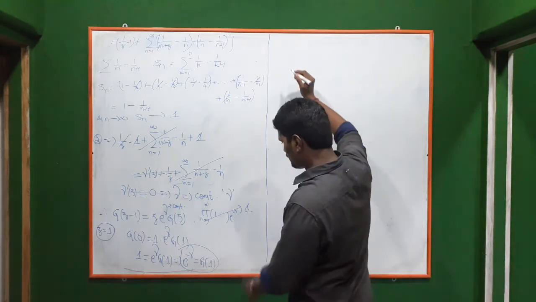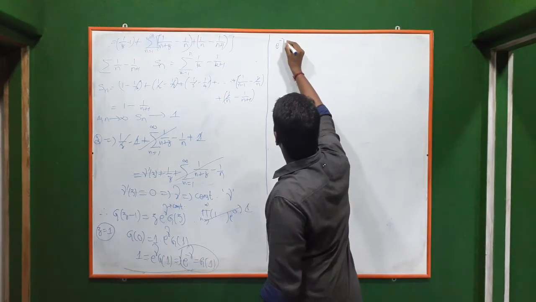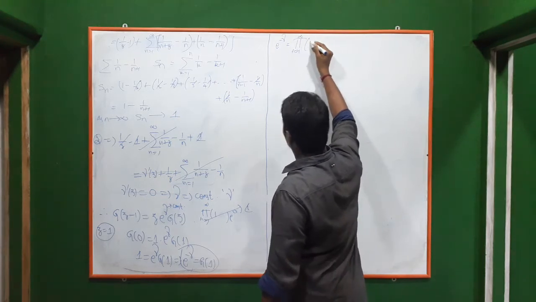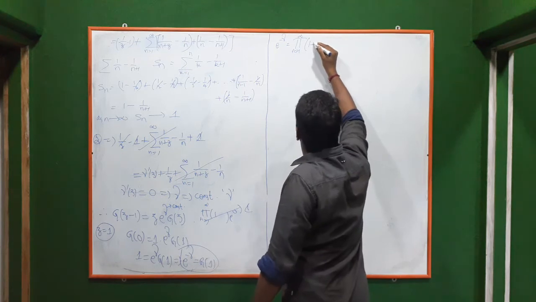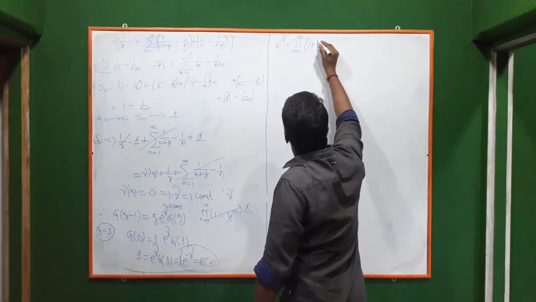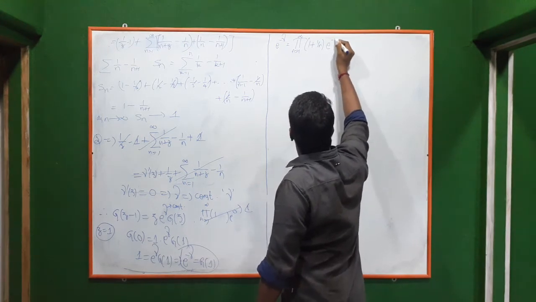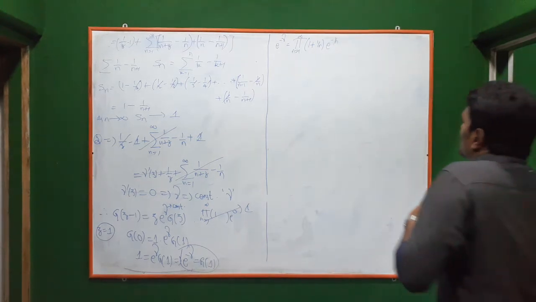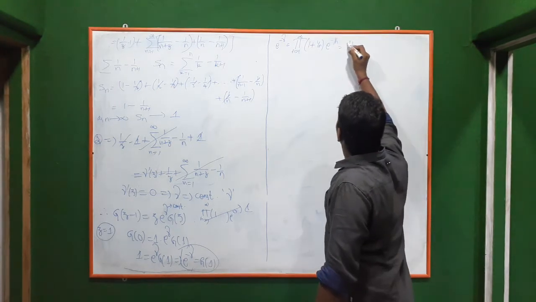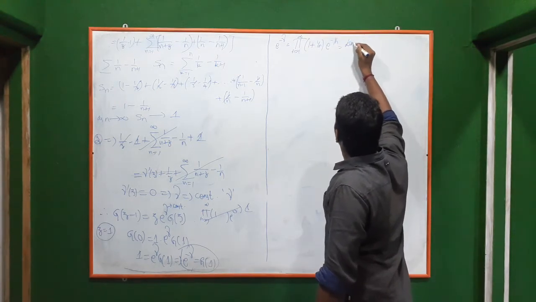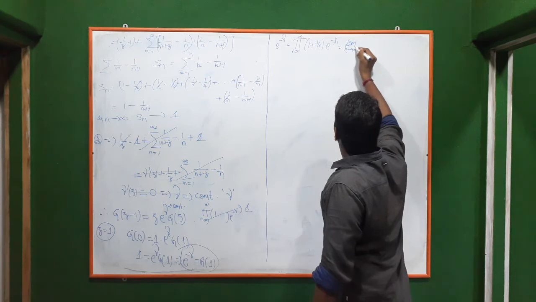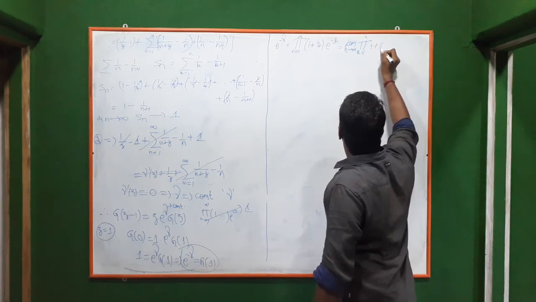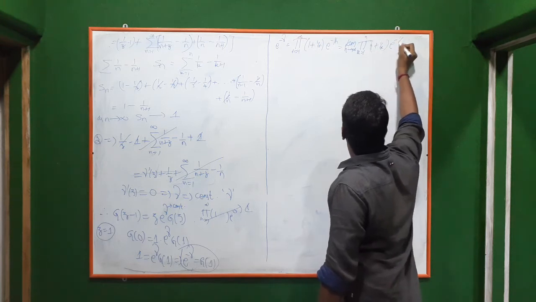What is our g of 1 in that same thing? E power minus gamma is equal to g of 1. This is the product n from 1 to infinity, 1 plus 1 by n into e power minus 1 by n. Correct. So this I can write as limit n goes to infinity, the product k from 1 to n, 1 plus 1 by k e power minus 1 by k.